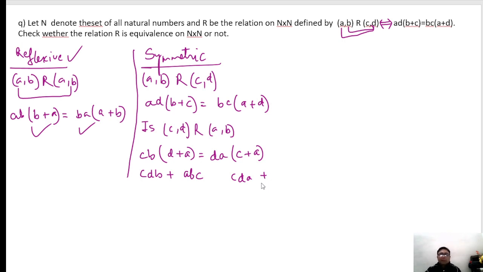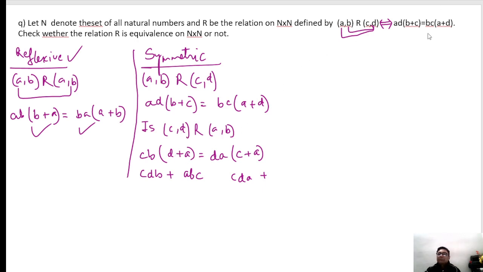One minute, I think there is something mistake here. C with, I will write A with D, so I will write C with B, and then in the bracket I will write B plus C, so D plus A, correct.